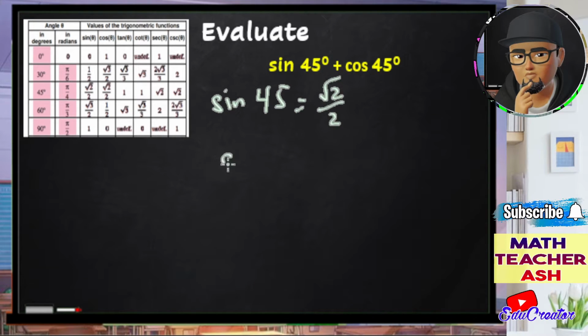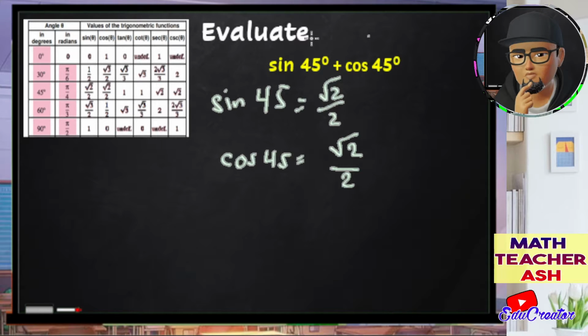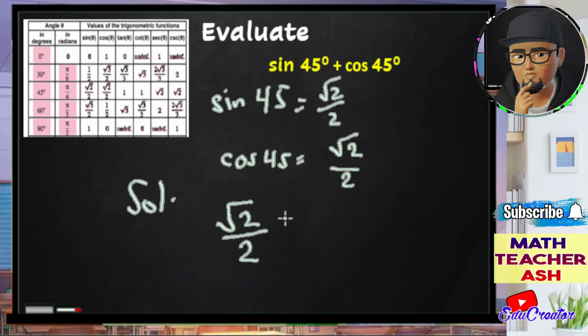And our cosine 45 is also the same value as sine 45, that is still square root of 2 over 2. Now, in solving our given expression, we will just substitute the values. Sine 45 is equivalent to square root of 2 over 2, plus square root of 2 over 2.